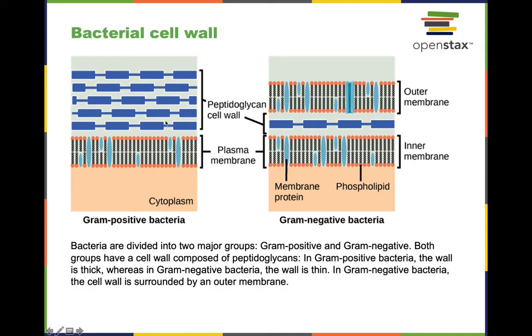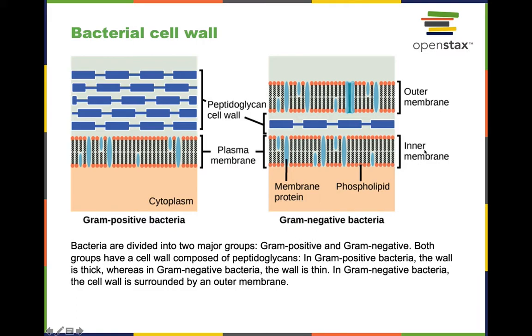peptidoglycan cell wall. Peptidoglycan is a combination of carbohydrates and short peptides. So you have a row of carbohydrates here and here and here, and they are connected through short peptides, as you will see shortly.